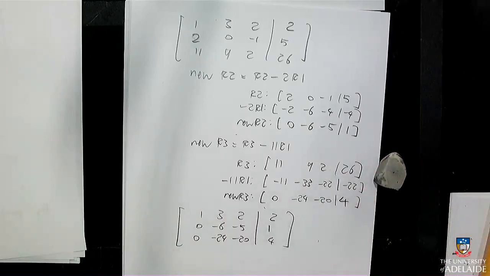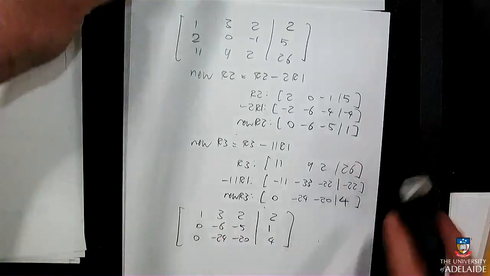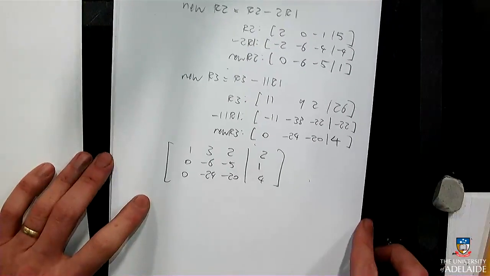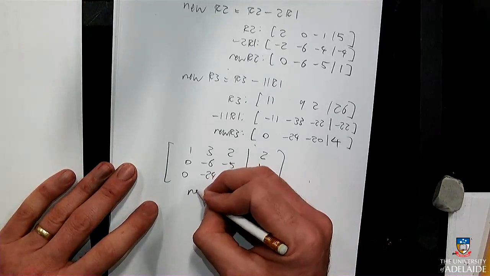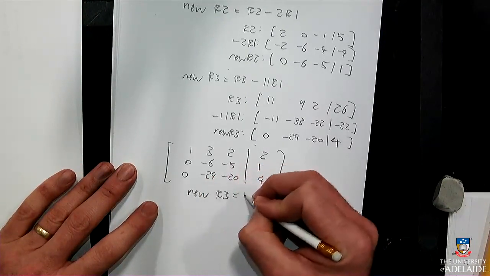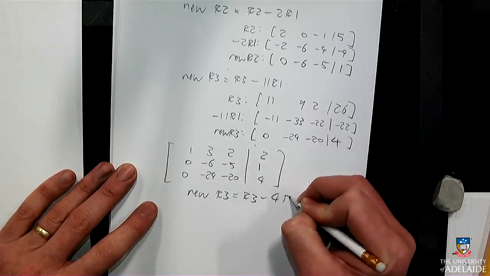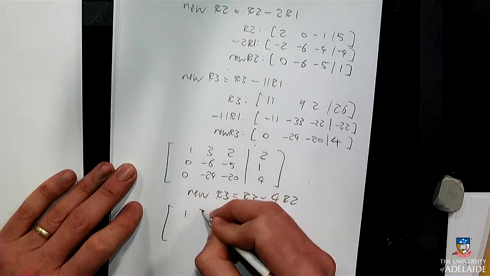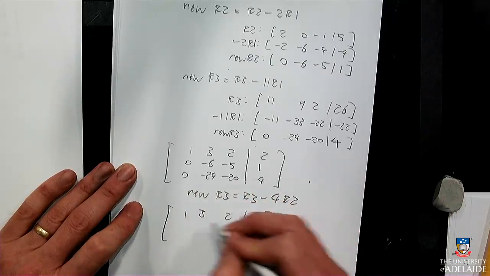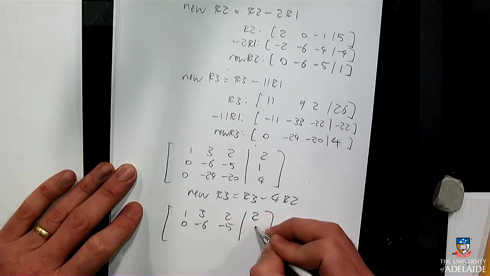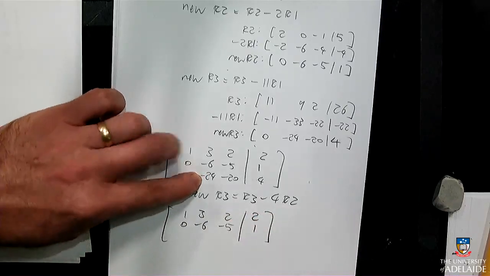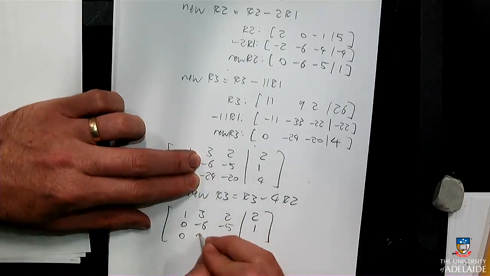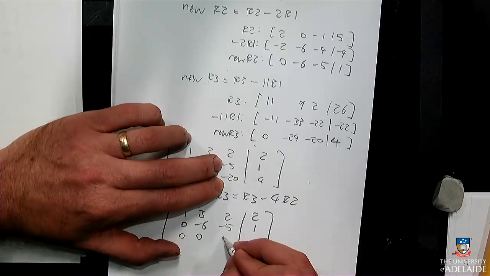And I notice that this is 4 times that, and this is 4 times that, and this is 4 times that. So now I don't need to make a 1, I can do my new row 3 is row 3 minus 4 times row 2. And 24 minus 24 is 4 times minus 6, so I'm going to get a 0. 20 is 4 times 5, I'm going to get a 0.